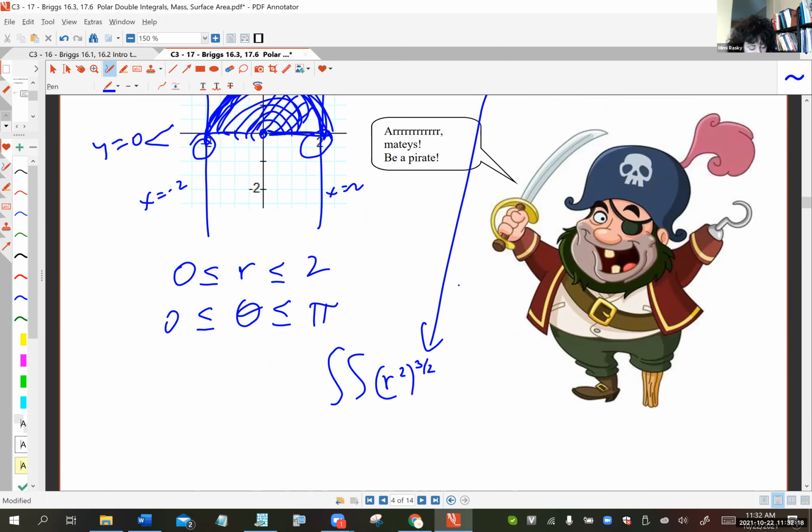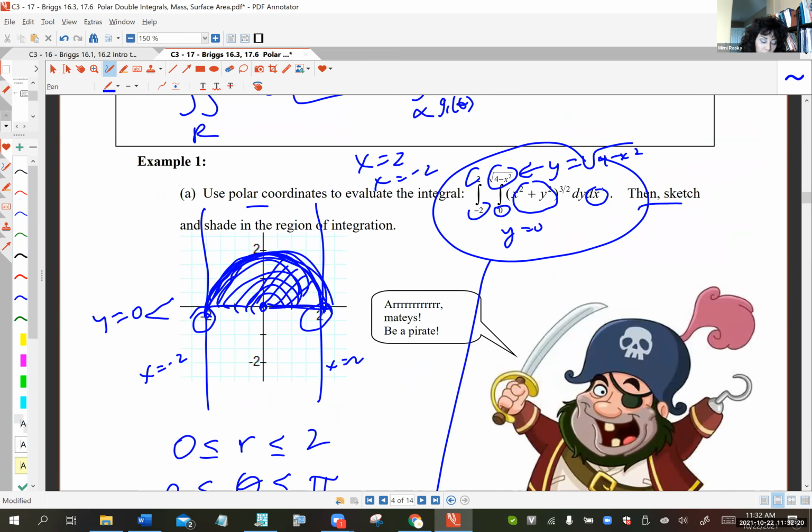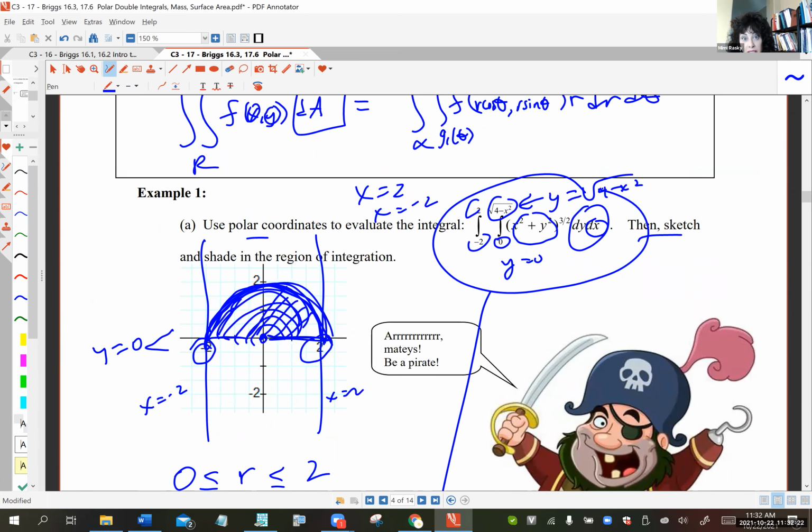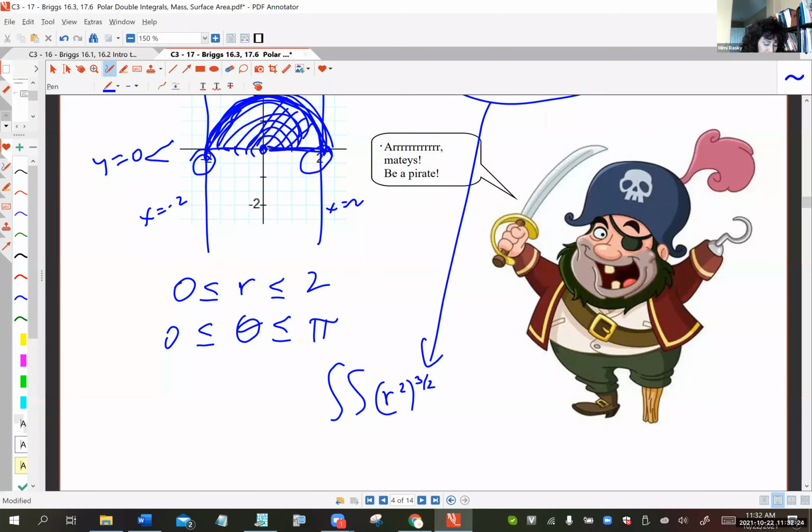We'll clean that up in a minute. The dy dx, that area element, what did I tell you? Be a pirate. R dr d theta. Yep. And theta goes from 0 to pi, and r goes from 0 to 2. And let's integrate this.